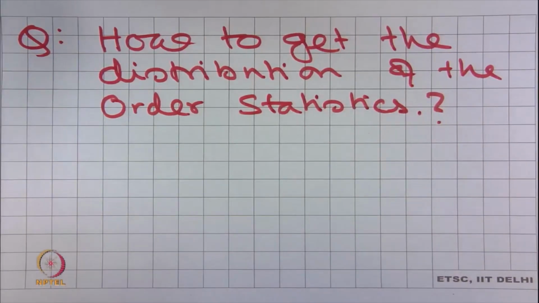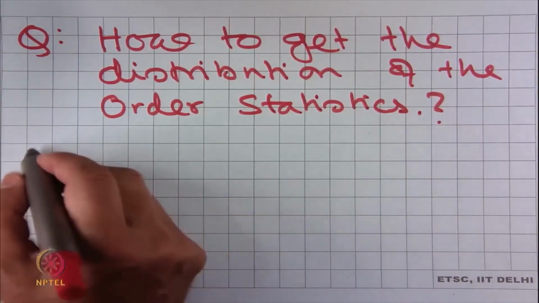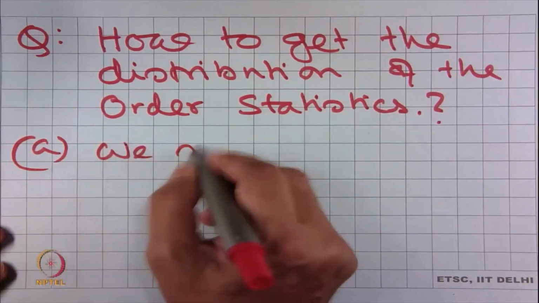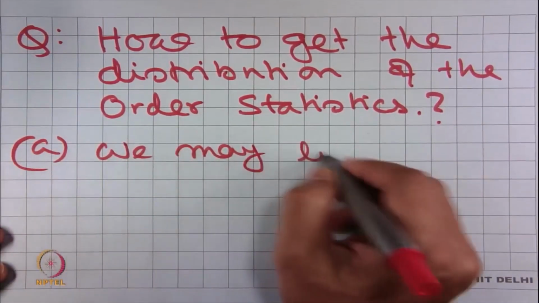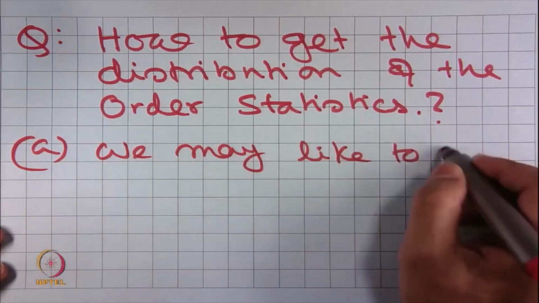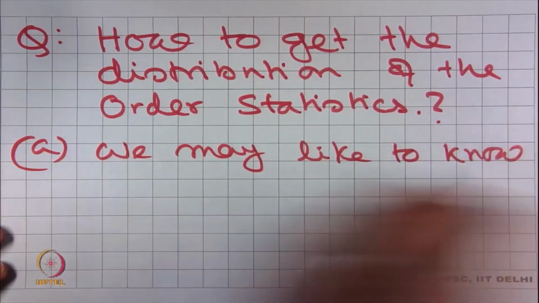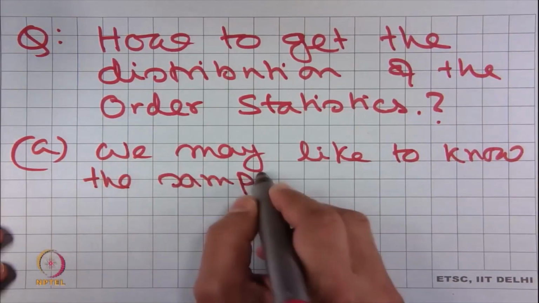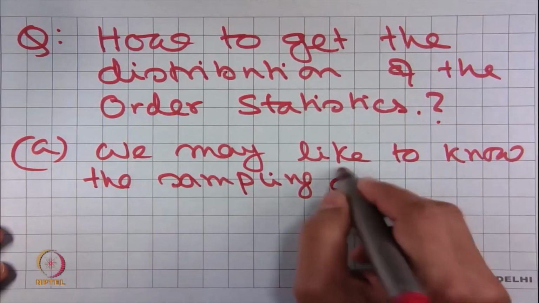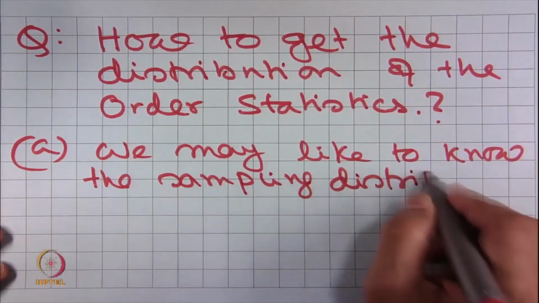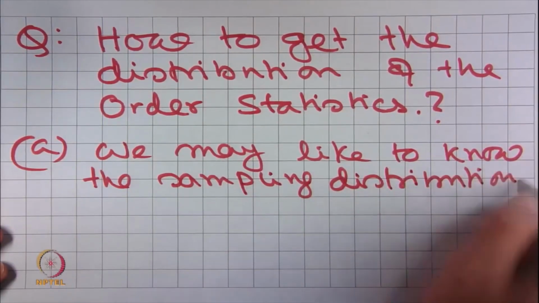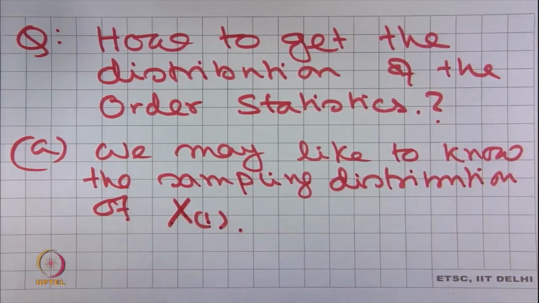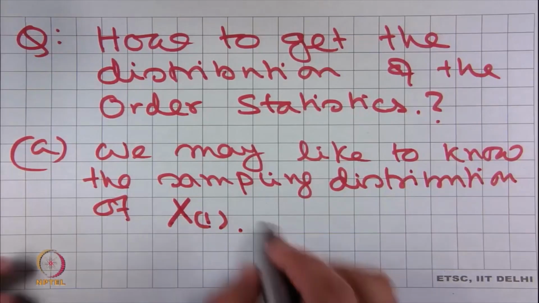We may like to know the sampling distribution of x bracket 1, that is the minimum.